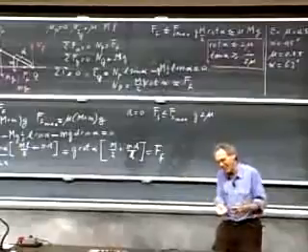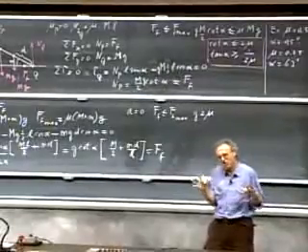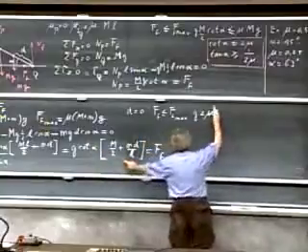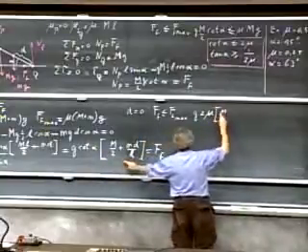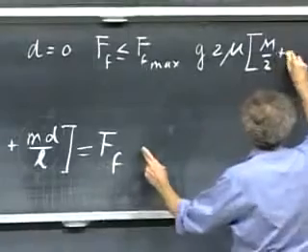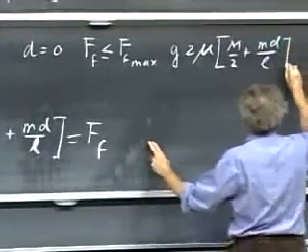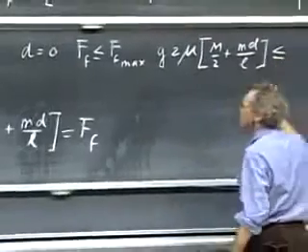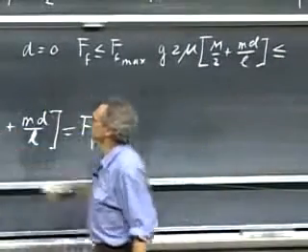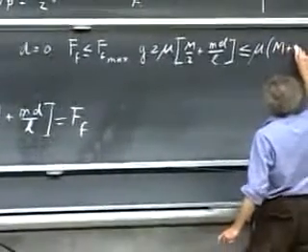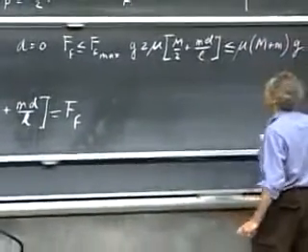I start exactly at the angle so that the ladder is sort of just hanging in there. So cotangent alpha is 2 mu, M divided by 2, plus m times d divided by L. This now has to be less or equal to this value: mu times (M plus m) times g.